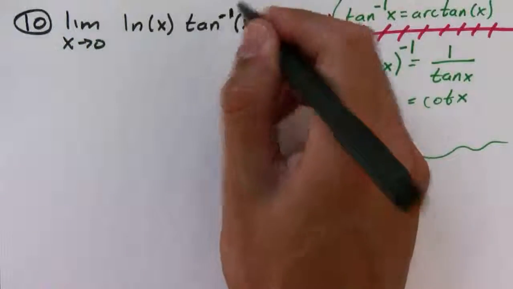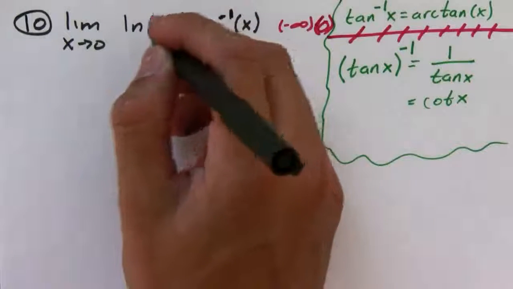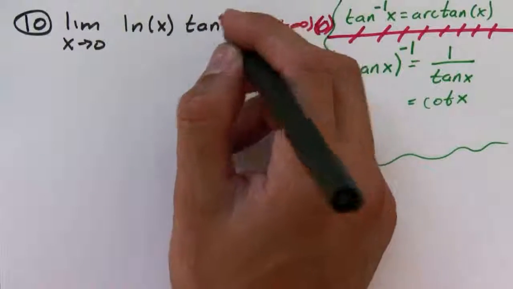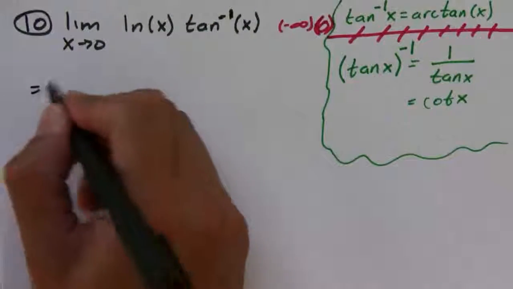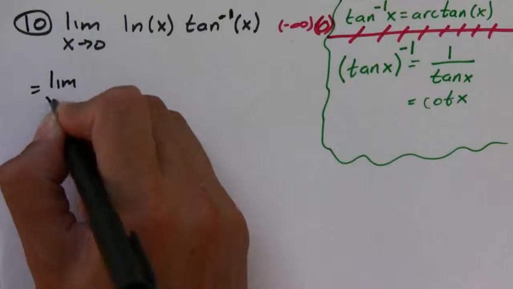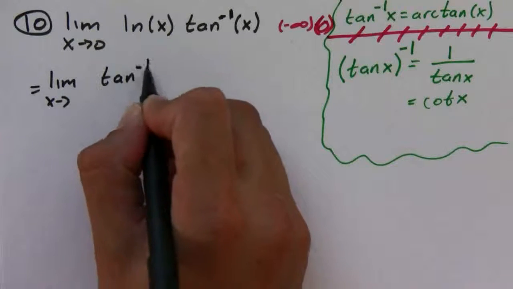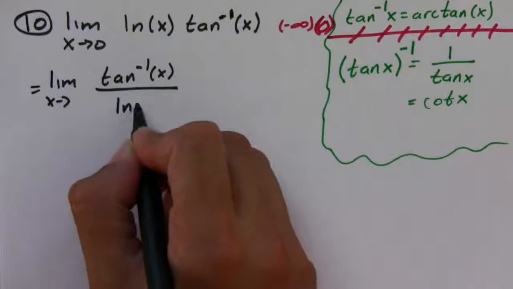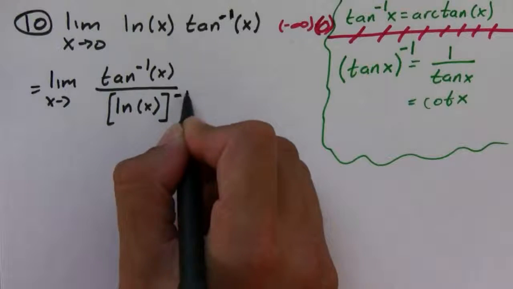Sometimes you can tell which one's better. In this one, I guess it's not as easy to tell, but because the inverse tangent has a little bit more complicated of a derivative, I think I'm going to move the natural log down and leave the inverse tangent alone. So I'm going to move natural log of x down, so it's going to be natural log of x to the negative 1.